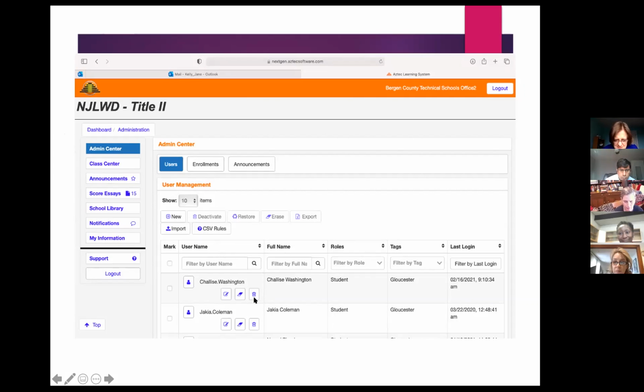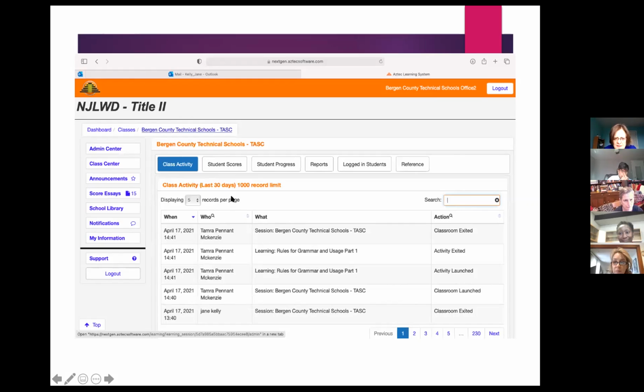So someday someone will clean out the New Jersey Aztec. You could put a new student in, you could deactivate a student, give them work. You would use user to put them in, and enrollment to give them classes.